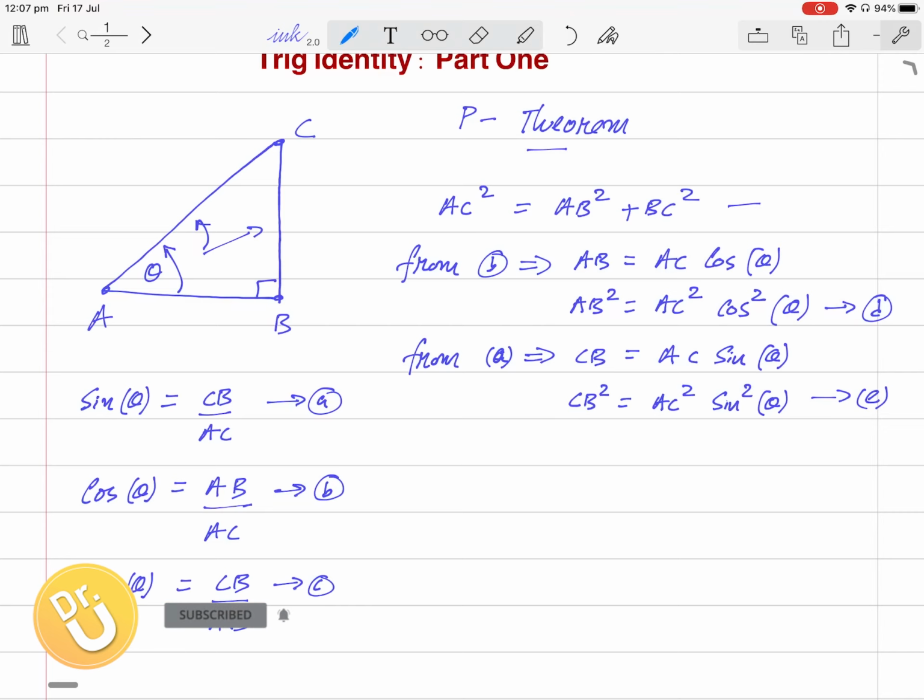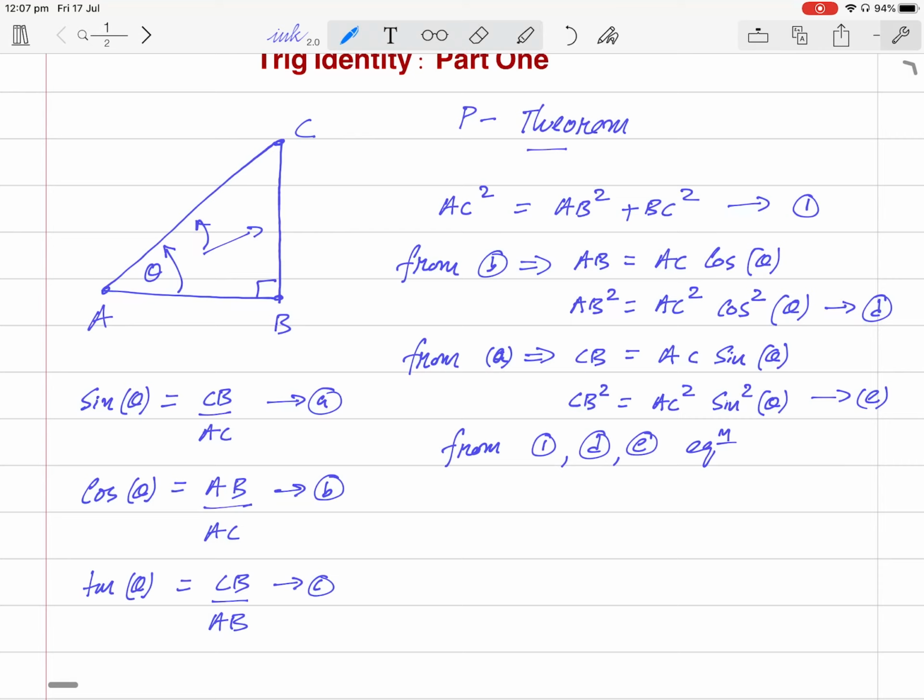Now, equation number 1 is my original equation. So from 1, D and E equations, we can have a substitution, which is AC squared is equal to AB squared, and AB squared is equal to AC squared cos squared theta, plus CB squared, which is AC squared sin squared theta.